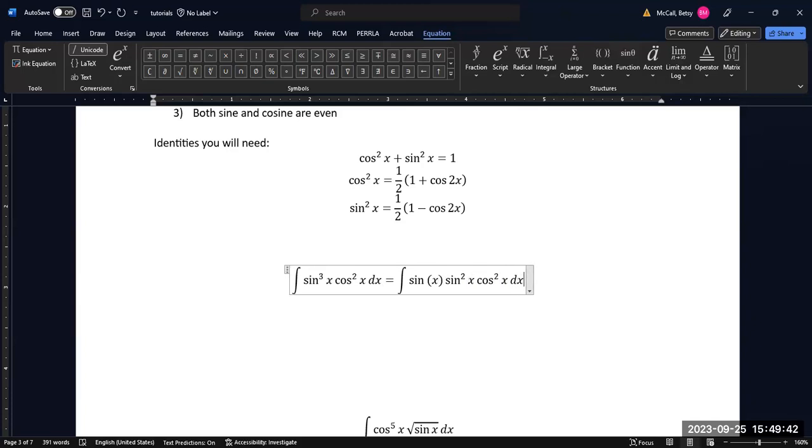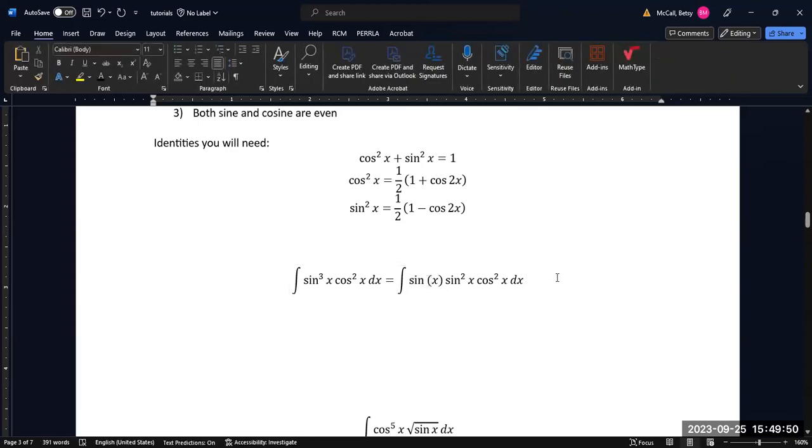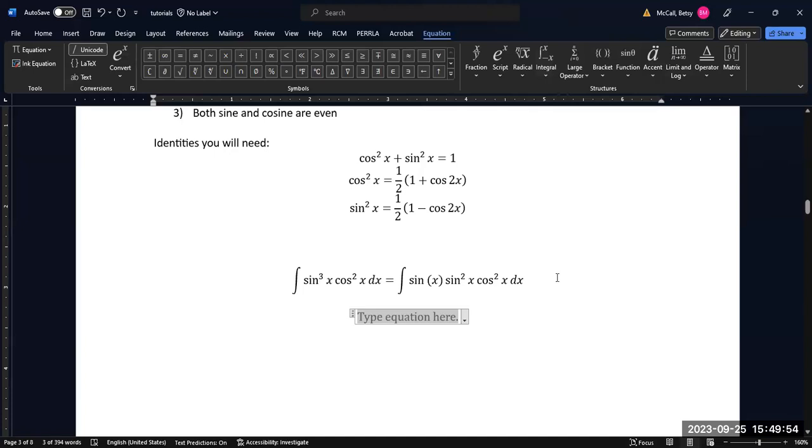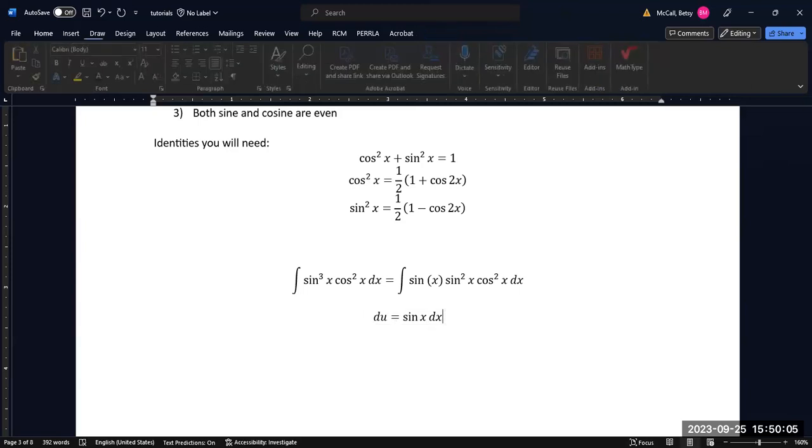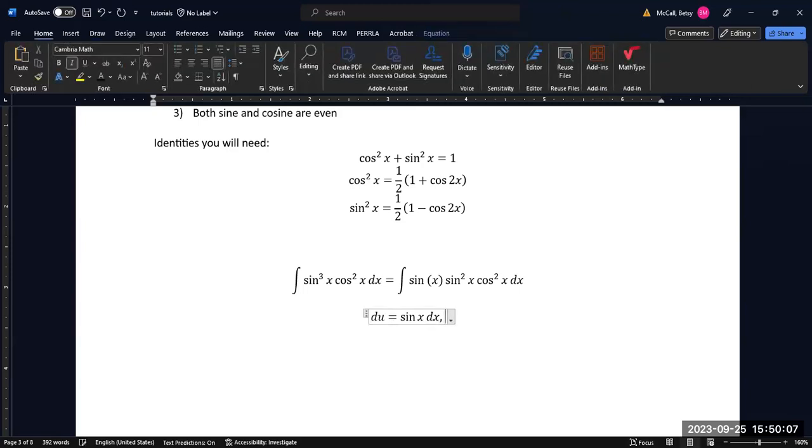Now, the odd function is important here because that's the part that's going to determine what our antiderivative is going to be. So here, we're going to choose u not to be sine x, but du is sine x dx, because that's the odd one out. And from that, u has to be cosine x.